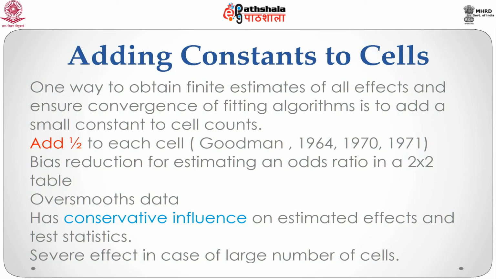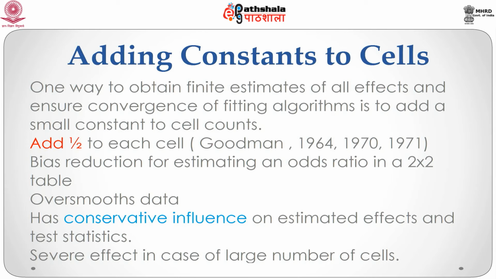This can be shown to lead to bias reduction for estimating odds ratios in 2x2 tables, and the details have been worked out by Gart in 1966 and Gart and Zweifel in 1967.